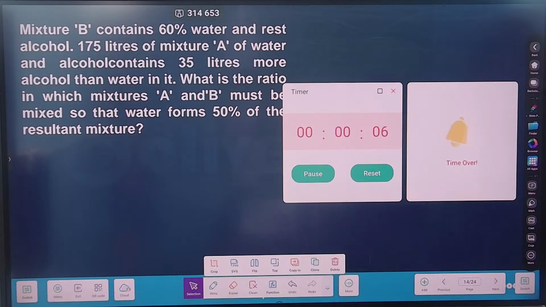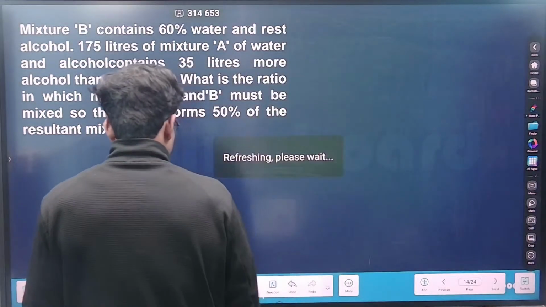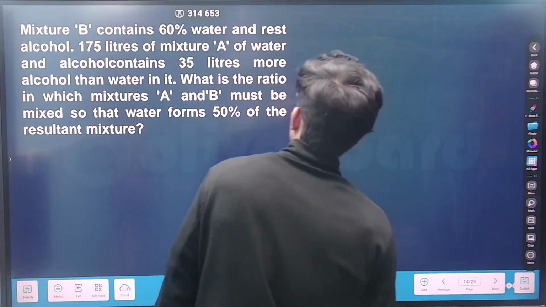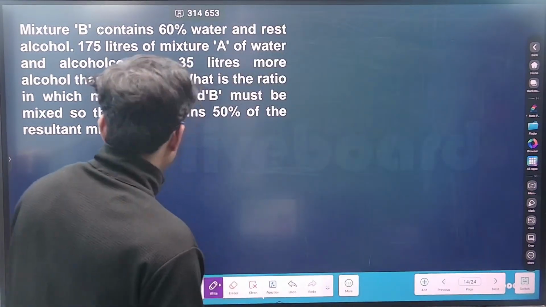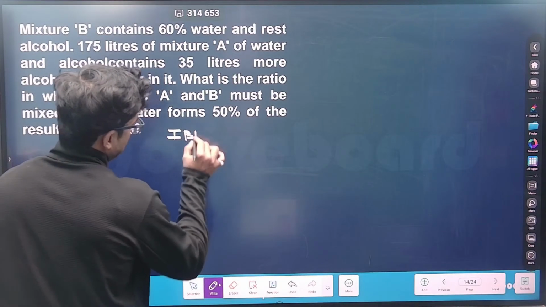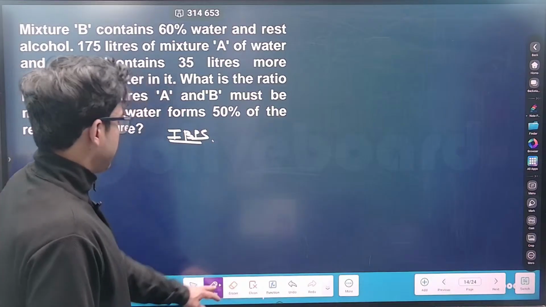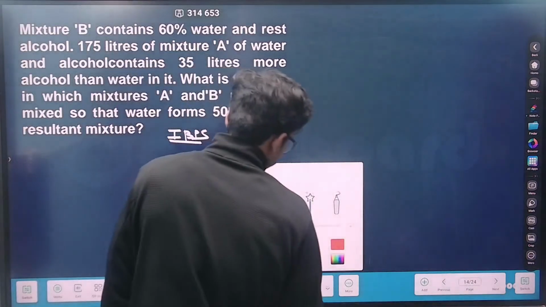Okay, let's see how we can solve it. First of all, I think none of you got the answer, but this was asked in IBPS, guys.